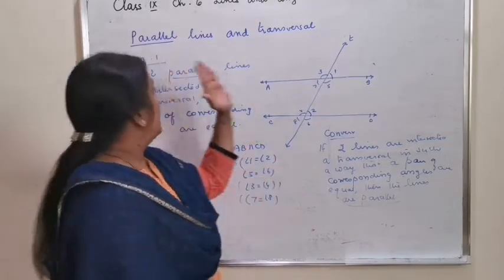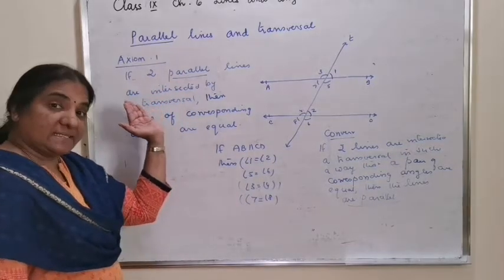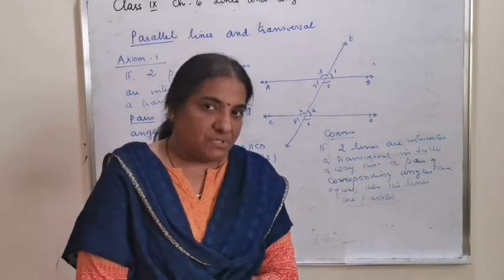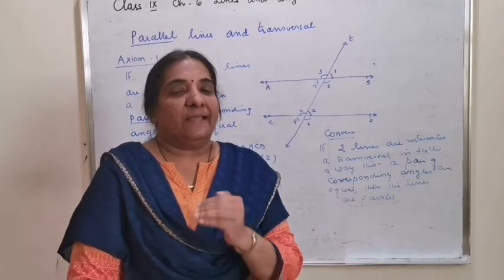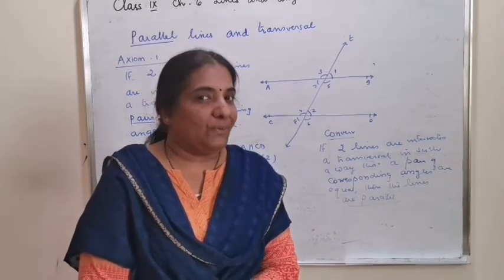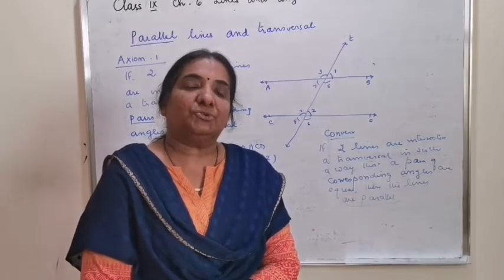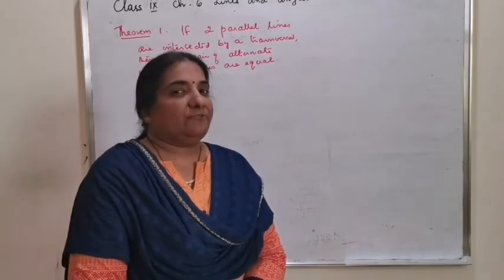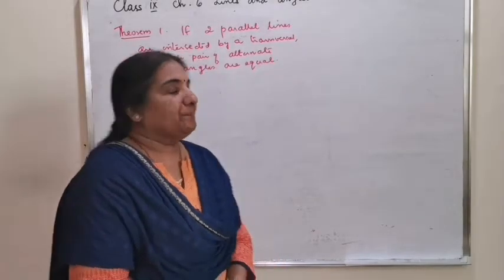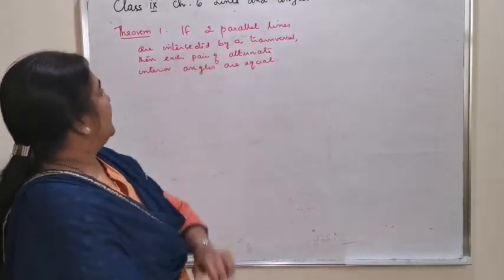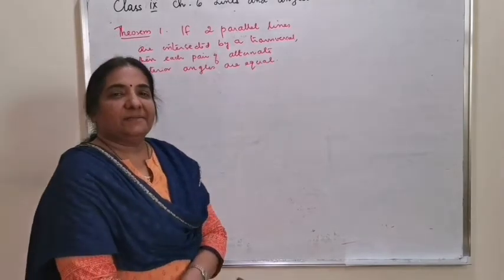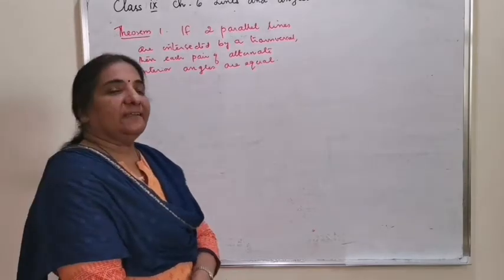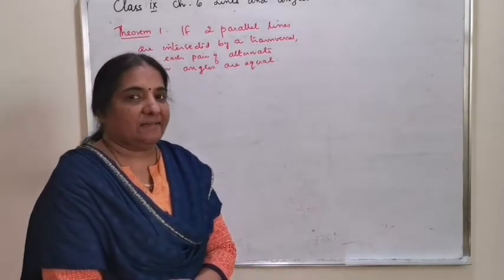So, the corresponding angles axiom and its converse can be used as helping factors for proving the next two conditions as theorems. Theorem 1: if two parallel lines are intersected by a transversal, then each pair of alternate interior angles are equal.